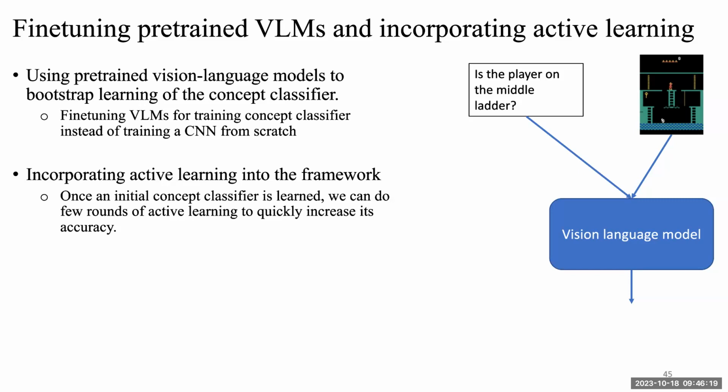But since we have circumvented that problem in our approach, once an initial concept classifier is learned, we can do a few rounds of active learning to quickly increase the accuracy of the classifier. So this is more of a technical improvement that we want to try.